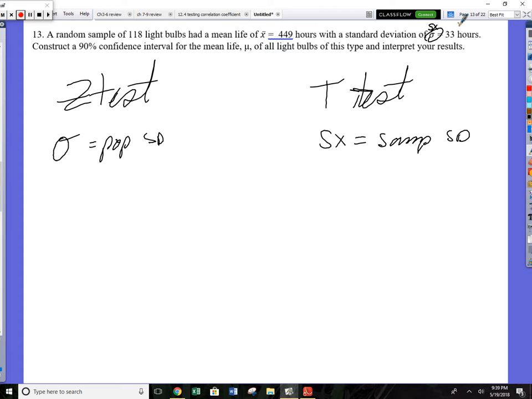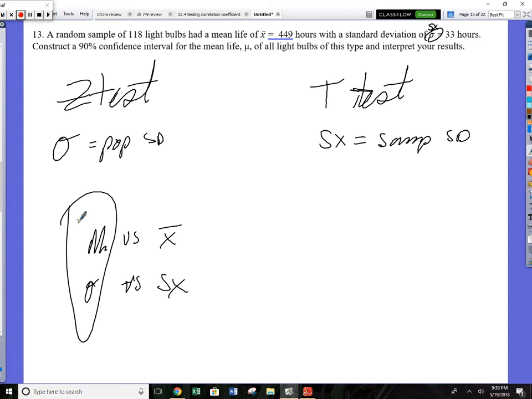So a random sample of 118 bulbs had a mean life, because there's a huge difference between mu versus x bar and sigma versus s. These are both population parameters, and these are both sample statistics, but they're using a statistic and then they throw this sigma in, but I don't know.